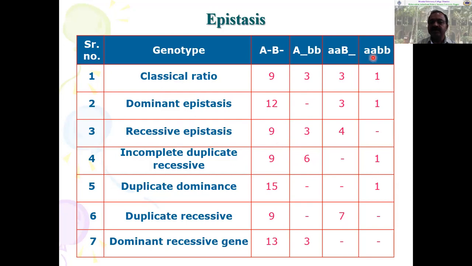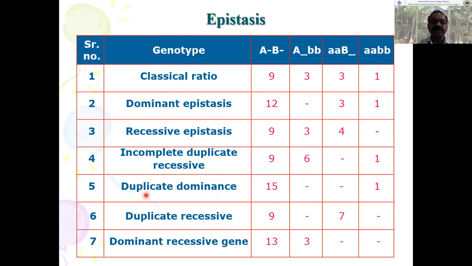Whenever there is small a, small b, that is both pairs of alleles are in homozygous recessive condition, it will be another characteristic or another phenotype. It is due to the interaction. So with incomplete duplicate recessive epistasis, the ratio changes to 9:6:1.